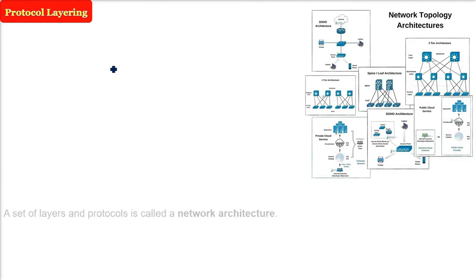So when we are talking about protocol layering, it can be the ISO OSI layering, it can be the TCP/IP layering scheme or the reference scheme. The set of layers and protocols, combined, is called network architecture.